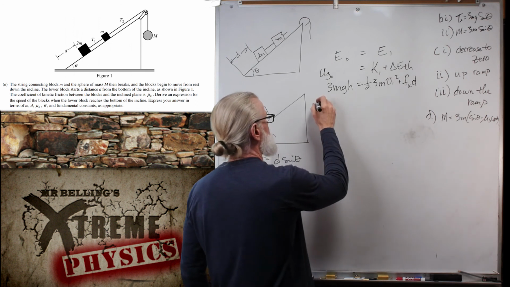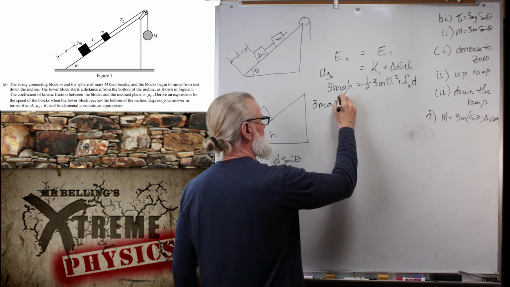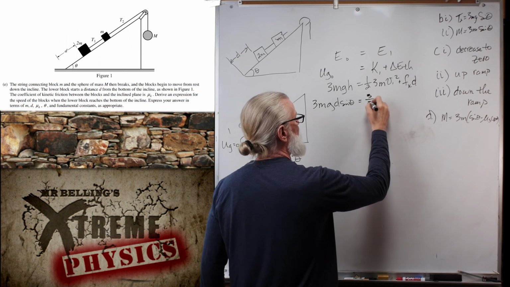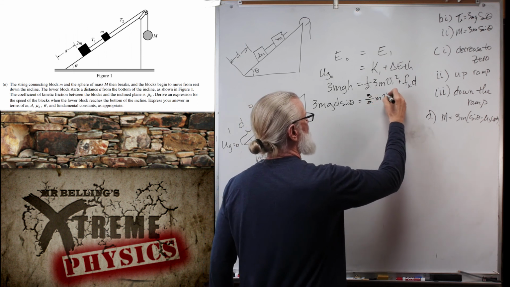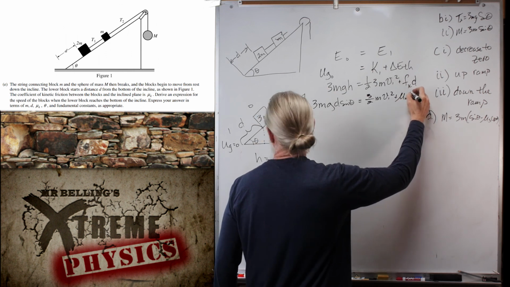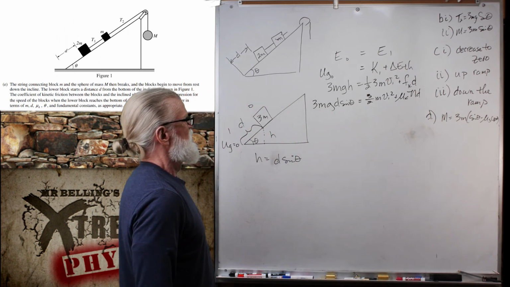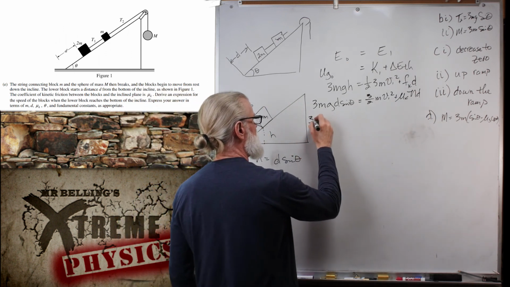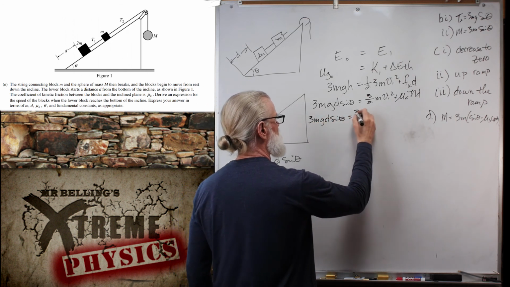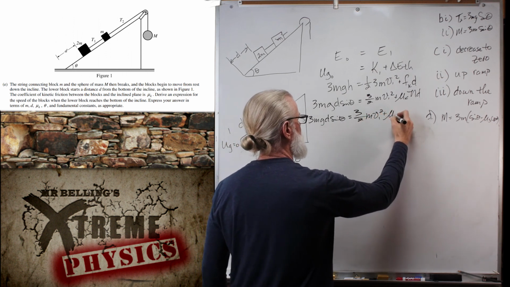All right, so let's expand this a little bit. 3mg d sine theta equals 3/2 m v1 squared plus mu kinetic times normal times d. So we have 3mg d sine of theta equals 3/2 m v1 squared plus mu k times the normal force.